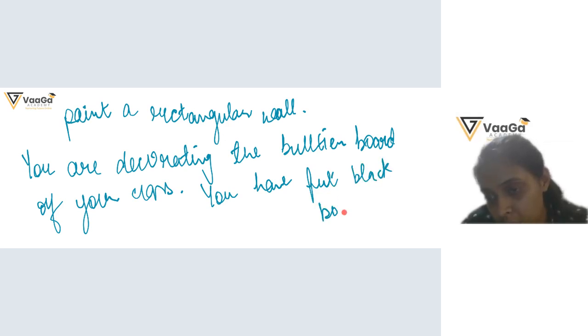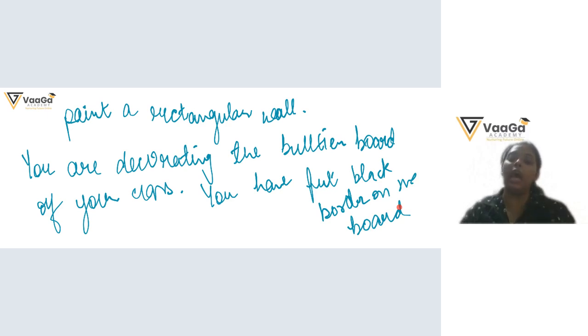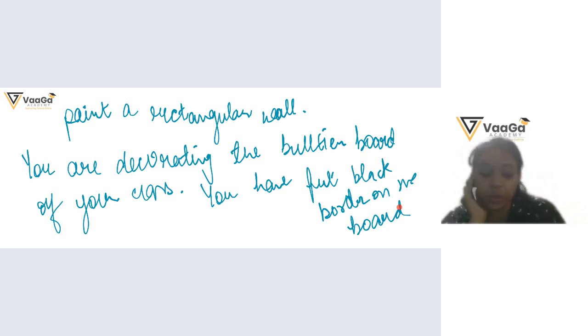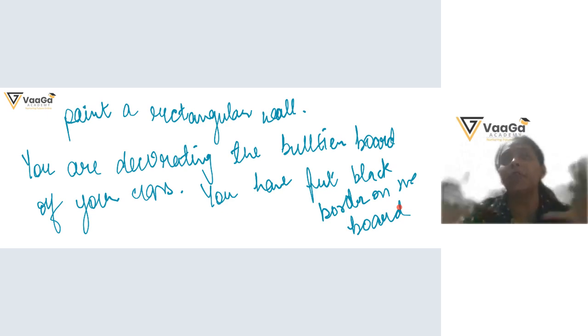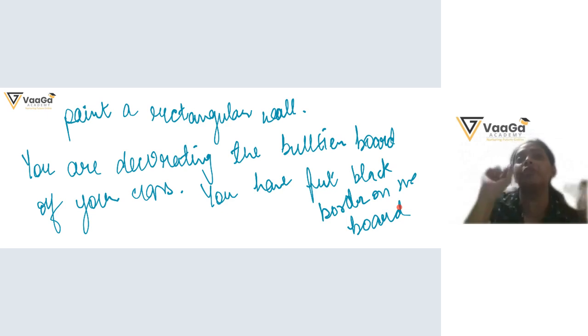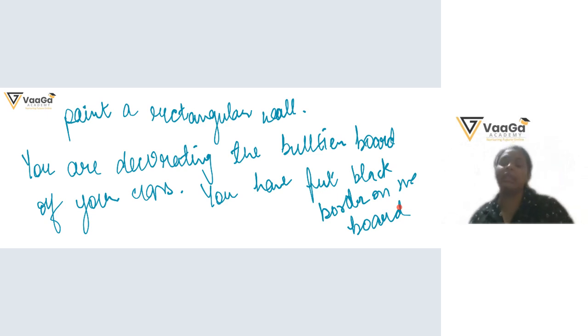What will you calculate, area or the perimeter, to find the length of the border you need? Ma'am, what is the meaning of bulletin board? Have you seen the boards in the class where we put the information? Yes, ma'am. Those are the bulletin boards. Ma'am, perimeter. Yes. Very good. We will calculate the perimeter.